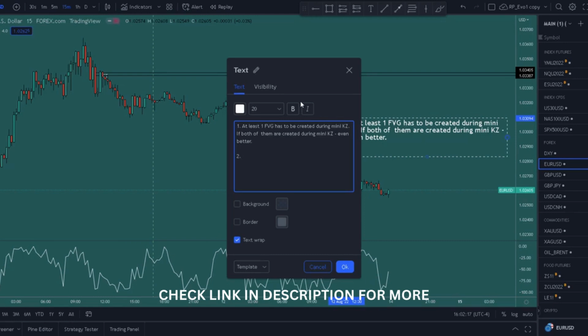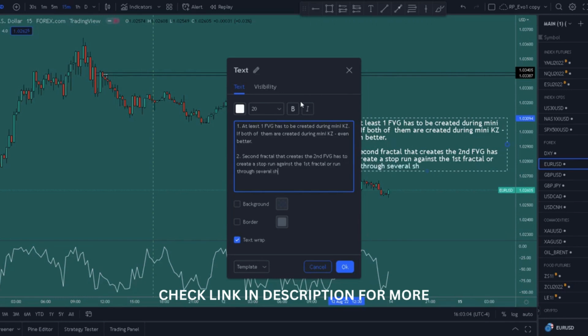The second thing is the second fractal that creates the second FVG has to create a stop run against the first fractal, or, how to put it, run above, below, run through, let's say this, or run through several short-term highs or lows.